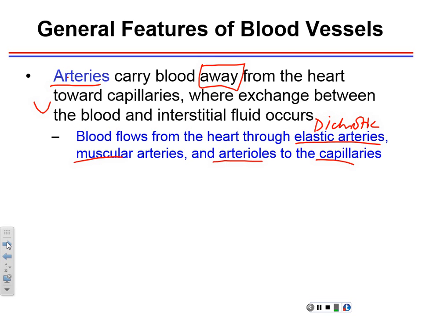It's almost like the heart has beat another time. Because why? That recoil from those elastic arteries maintains the blood pressure, so that because you're still close to the heart, you want the blood to go down. So when there are thick arteries like the aorta, they recoil back, and it creates so much pressure that it looks like the heart has beat again. So you get a beat, and then you get a little notch, and you will be able to see that. That's their function, to maintain that blood pressure.